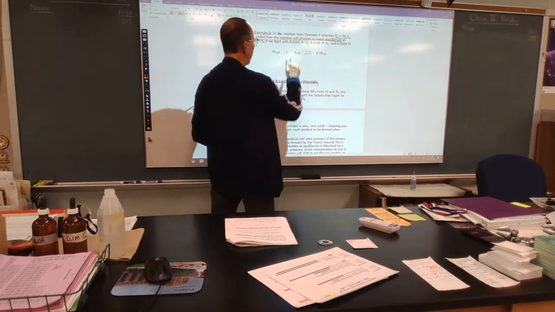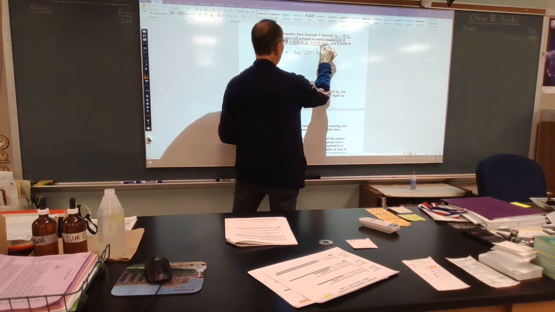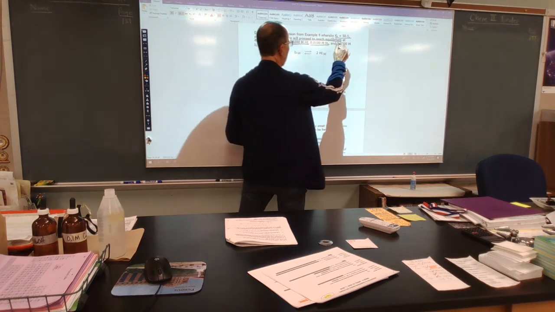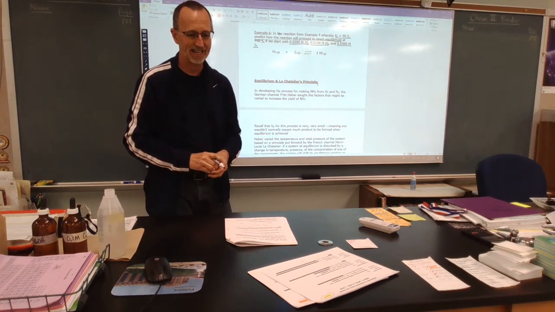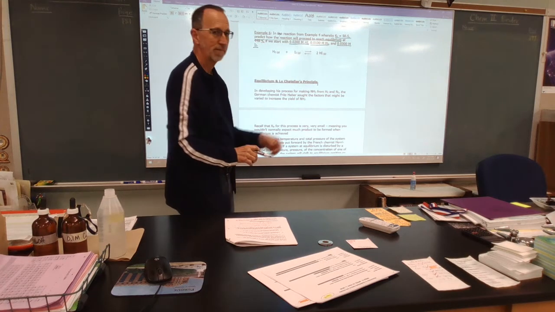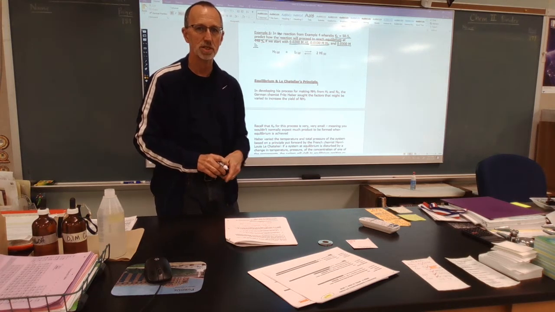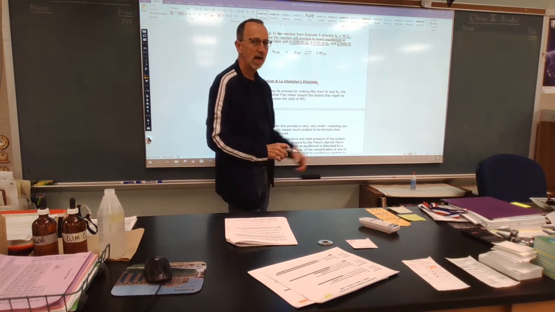If we start with 0.0200 molar of HI, 0.0100 molar of H2, and 0.0300 molar of I2, we're running the same reaction at the same temperature. We have a value of Kc.